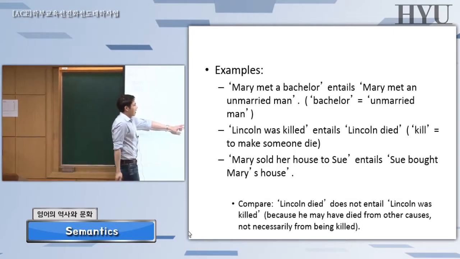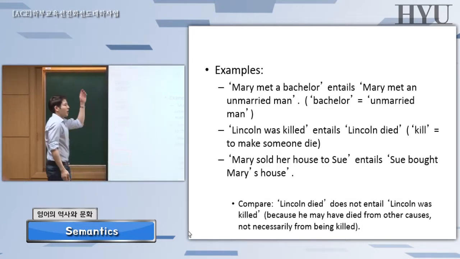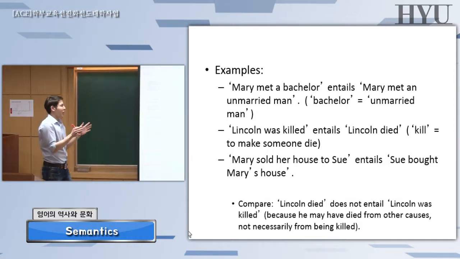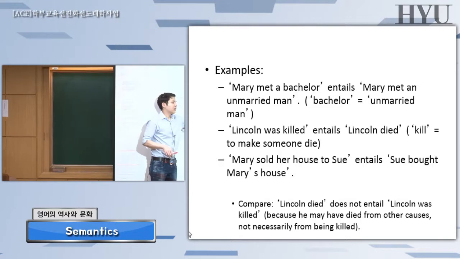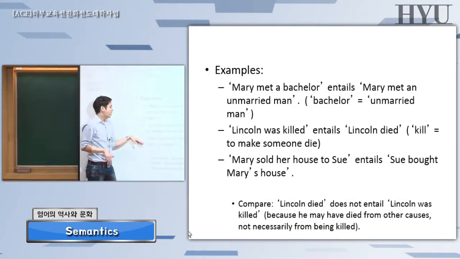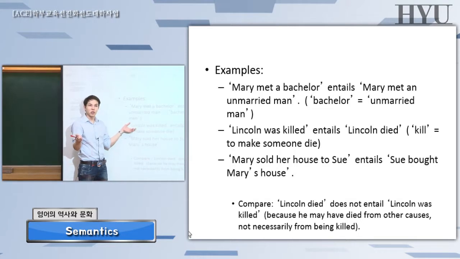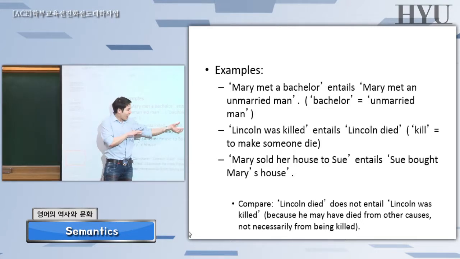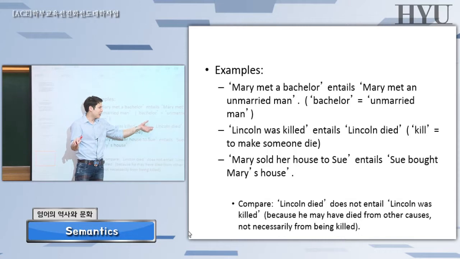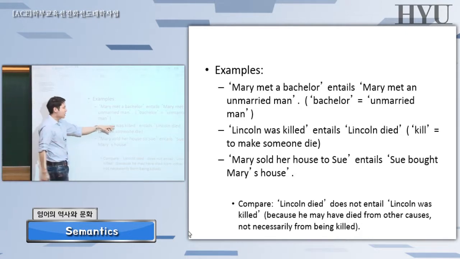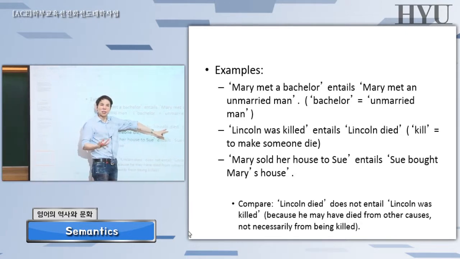In the second one, Lincoln was killed. That sentence entails Lincoln died. If it's true that he was killed, 100% of the time he must have died. If someone got killed, he cannot be alive. So if he was killed, then he must have died.